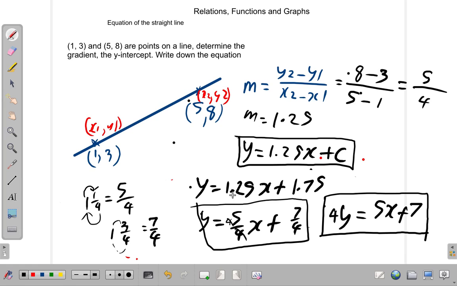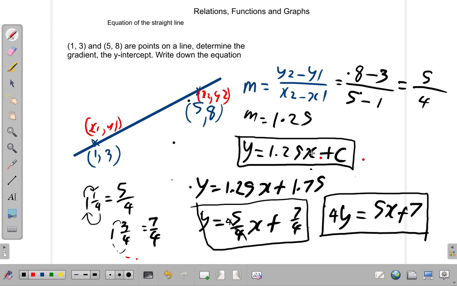Now to find C, you just use one of the points. This equation would have 3 unknowns, but at this point, you have y and you have x, so you only end up with one unknown, which is C. Right?